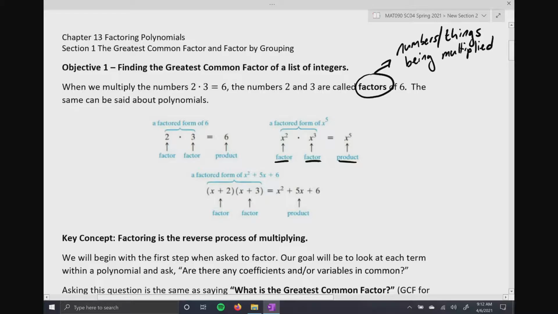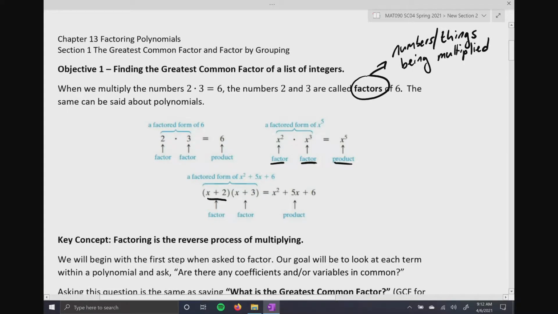In chapter 12, I gave you 2 binomials and I said, go ahead and multiply them. Tell me what it equals. Well, those 2 binomials were called factors. Okay? So those 2 binomials are called factors, and the result is your product.